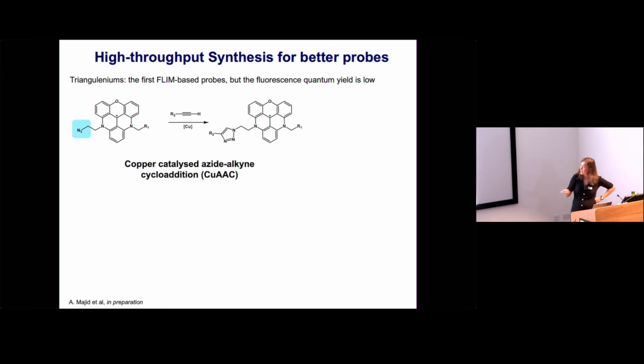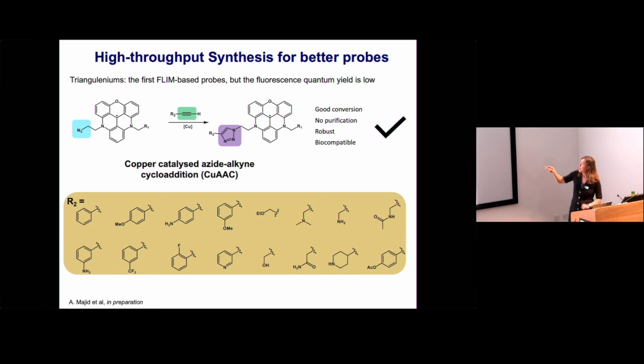So one of my really talented students, Atika Majid, came up with a platform for high throughput synthesis of potentially better probes on the basis of our triangulenium 4. So we now have triangulenium with azide attached to it, which will react readily with alkynes. And this is a copper-catalyzed click reaction, which is very efficient, needs no purification, and is biocompatible.